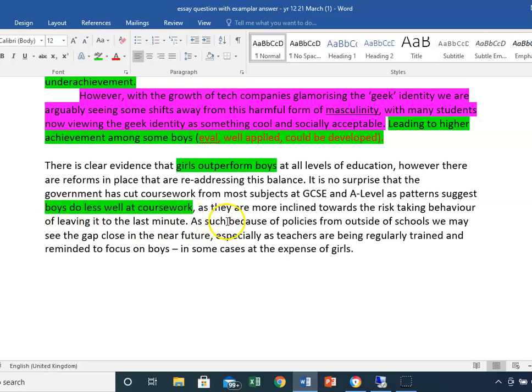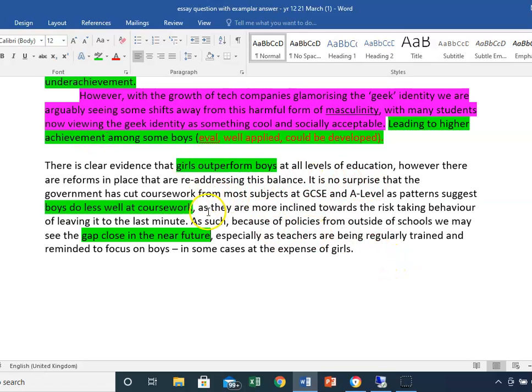As such, that should be a comment there. Because of policies from outside of schools, we may see the gap close in the near future, especially as teachers are being regularly trained and reminded to focus on boys, in some cases at the expense of girls. So the gap close in the near future, that is quite nice application to the question, talking about achievement gap.